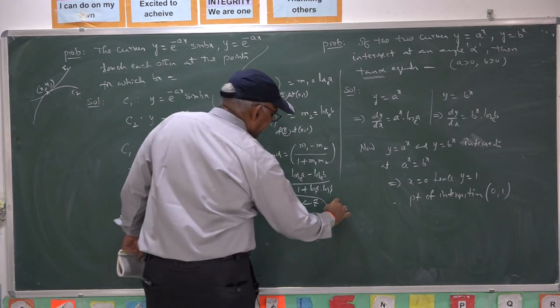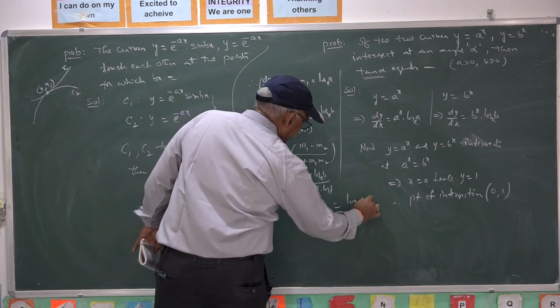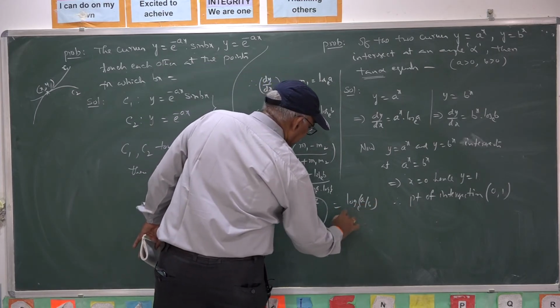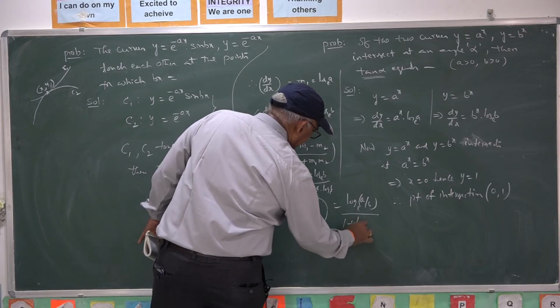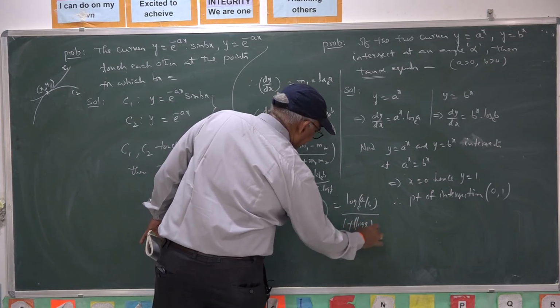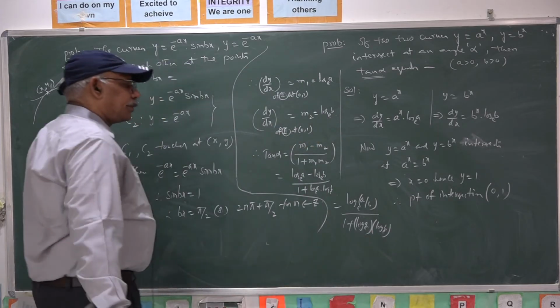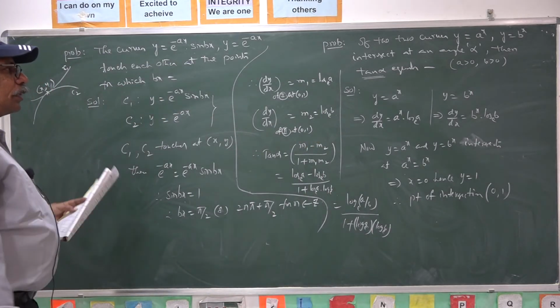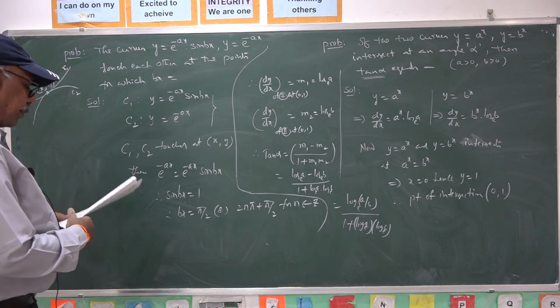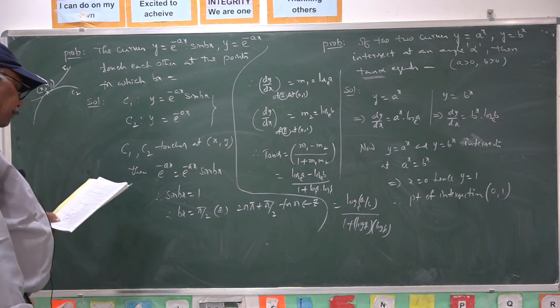You can simplify it like this: log (a by b) to the base e by 1 plus log a to the base e into log b to the base e. So this is tan alpha, that means the angle between the two curves.